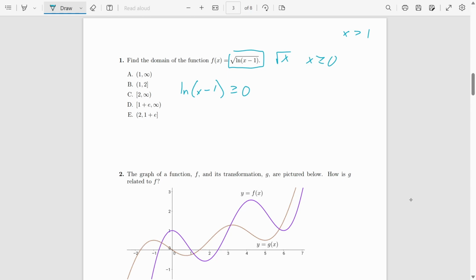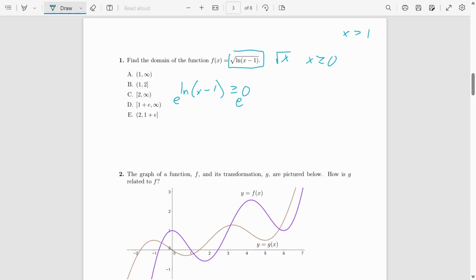One trick that you'll have to do pretty often with these domain problems, and in calculus in general, is this: whenever you have a log all by itself on one side, you can treat both sides as an exponent, with the base on the left hand side. So it becomes e to the ln of x minus 1 is greater than or equal to e to the 0.